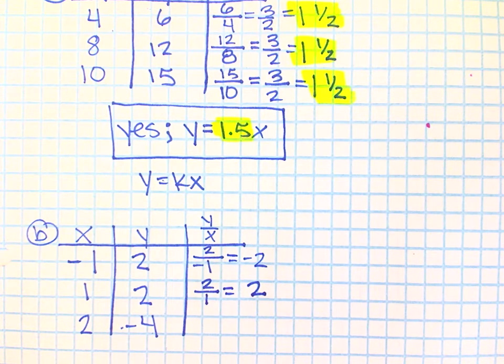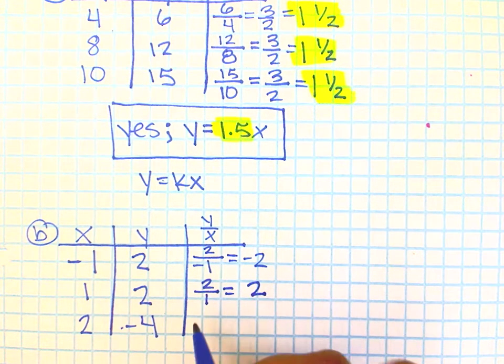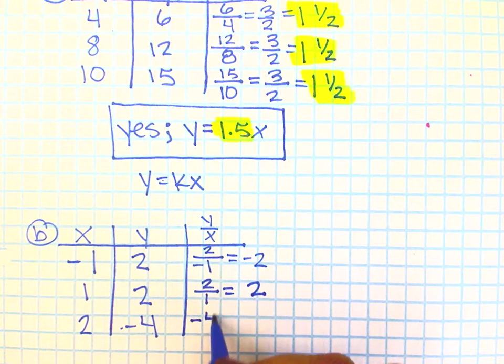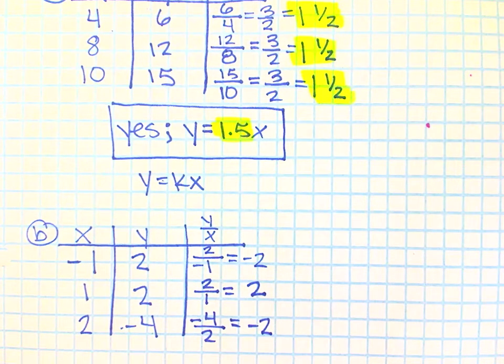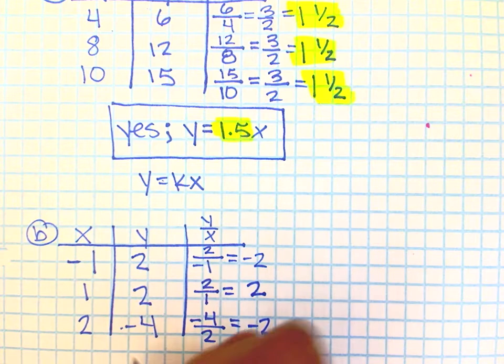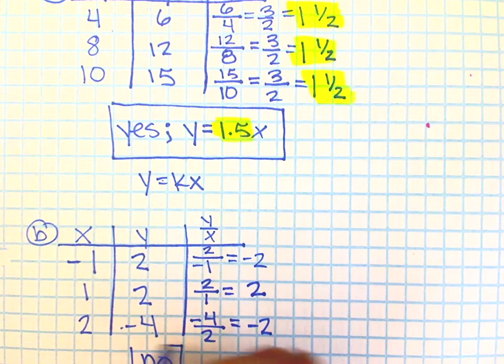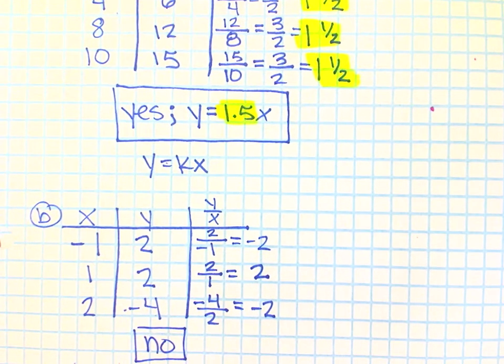Do they match? No. Okay, well, let's see the last one. Taking y, negative 4 over x 2. Oh, that one equals negative 2. Do all three match? No. So is it a direct variation? All you have to do is write no. That's it. If they don't match, no is your answer.